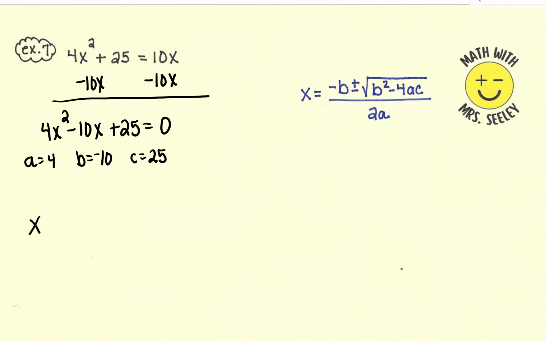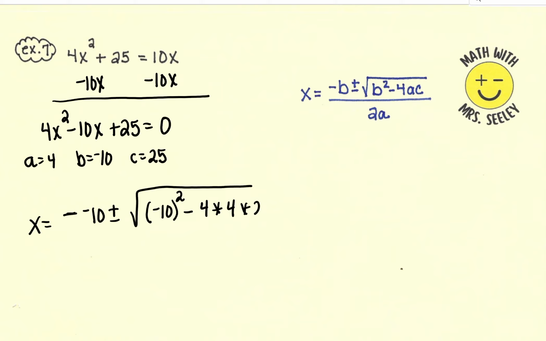So here we go. x is equal to negative of a -10 plus or minus the square root of b, which is -10 squared, minus 4 times your a, which is 4, times your c, which is 25, all over 2 times a, which is 4.